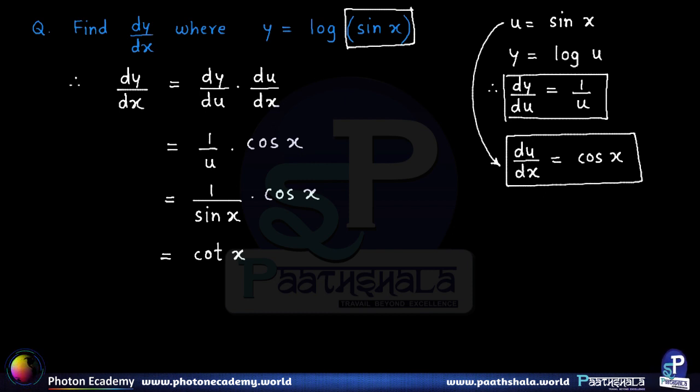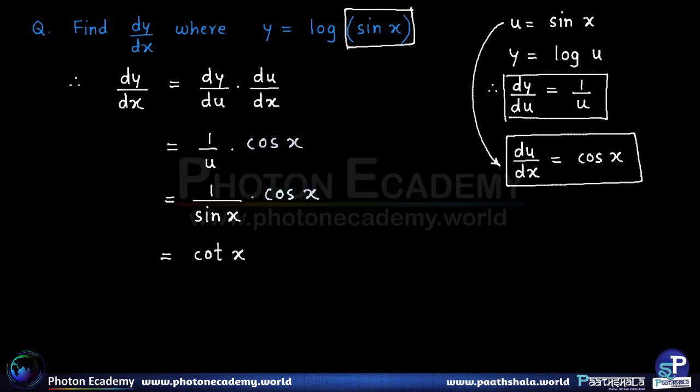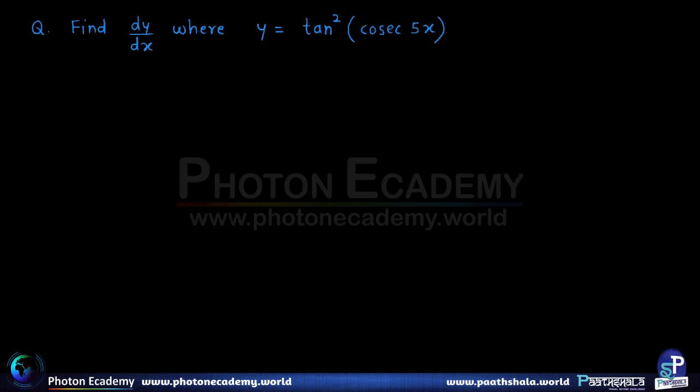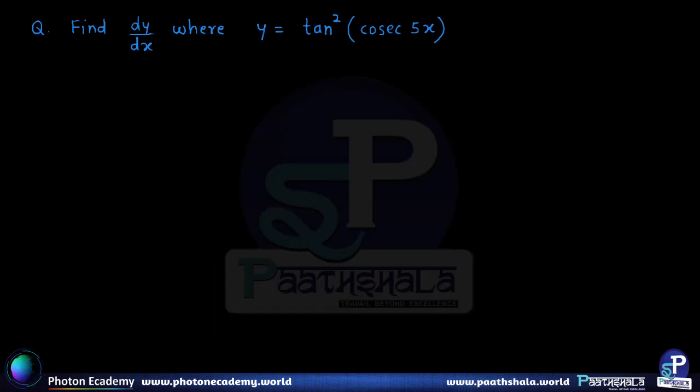Now by practice, you will be able to write the derivative using chain rule in a single go. Every time it's not needed to show what is u, what is v, and so on. Let us see one more example so that we can practice how to write the derivative in a single line. Here we have to find dy by dx where y is given as tan square of cosec 5x.